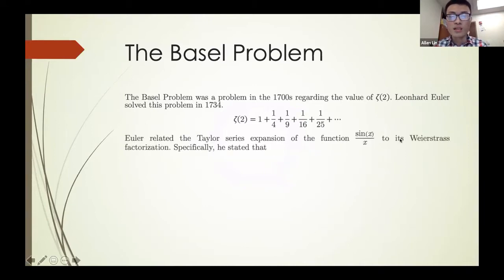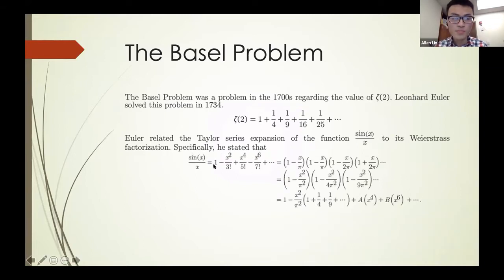how he did it. He expanded the function sine of x over x using the Taylor series, like so. He said sine of x over x is equal to this Taylor series, but then this function can be factored into its roots. And he multiplied all this out, and he got this.